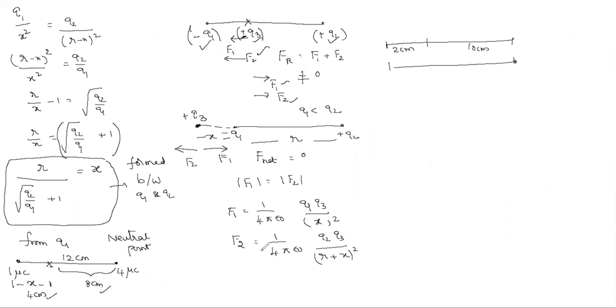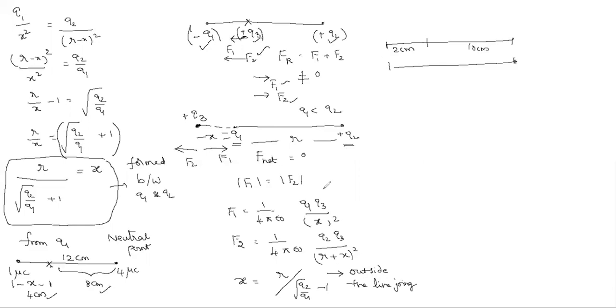So directly, with the previous knowledge, x equals r divided by root of q2 by q1 minus 1. Is this outside or in between? Outside the line. So when you get outside, are the charges like or unlike?